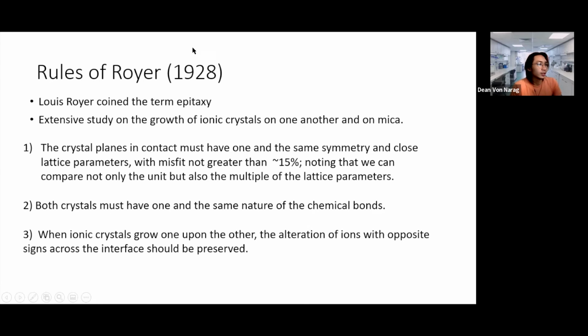Now again, these rules were formulated way back in 1928. So epitaxial growth was just starting here. And actually now, in our current technologies, sometimes you can perform epitaxial growth of different materials with different nature of chemical bonds.